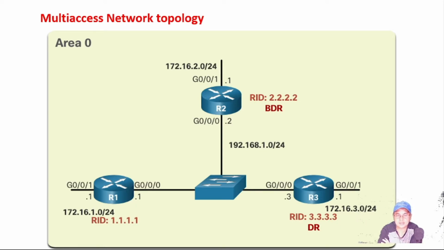In this case, for R1, the RID you can assign is 1.1.1.1. If you're going to use R2 as your host name, we can use 2.2.2.2 as the router ID. That is the IPv4 format required for the assignment of a router ID. So we're going to see later on what is actually happening in the configuration inside each router.